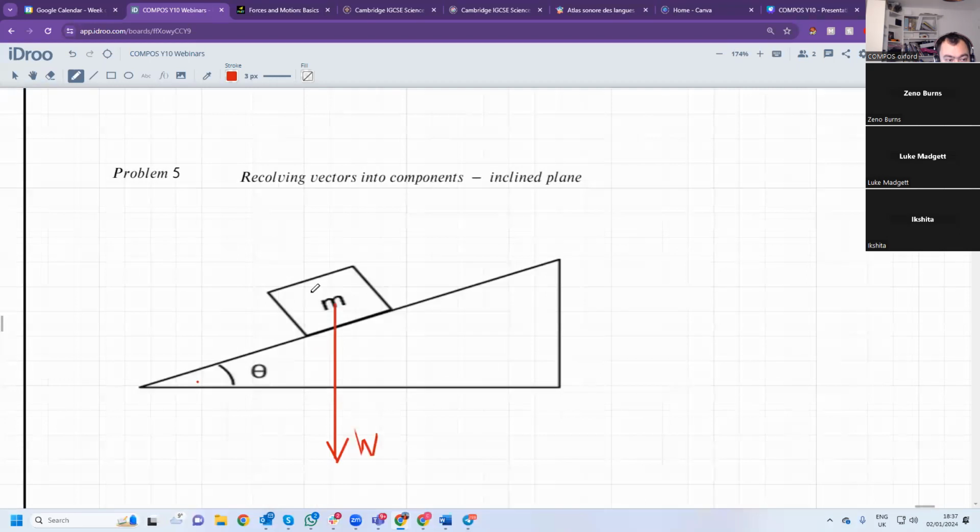And then there's the normal reaction force. Normal reaction force is a force perpendicular to the surface. Normal reaction force, weight. And of course, well, you can say, okay, let there be friction. There's a friction force pulling that way.